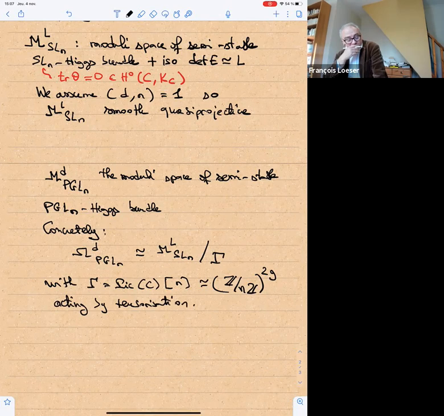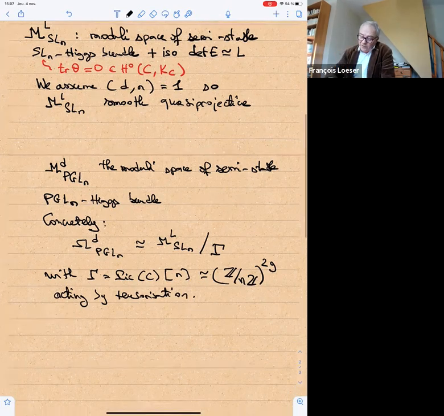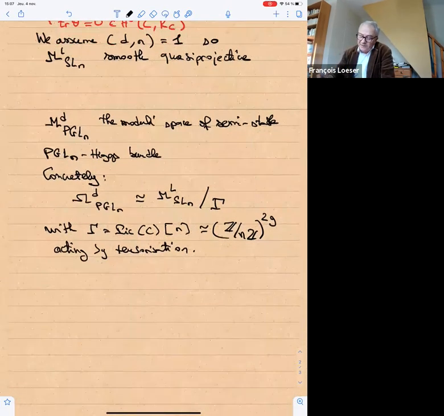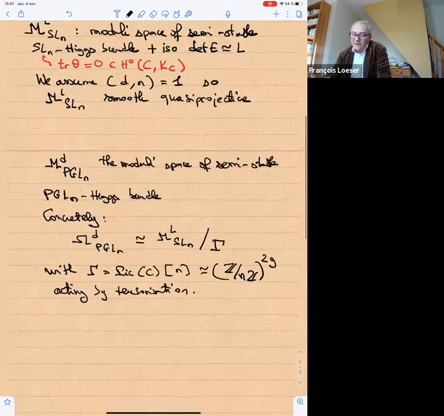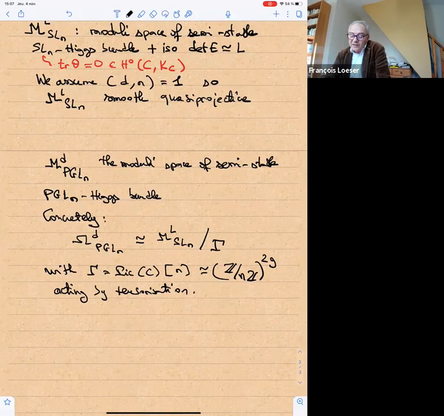The geometric picture is, in the title I talked about mirror symmetry, and here there is some duality between the two groups, SLN and PGLN. One is the Langlands dual of the other, and this is the key to what will follow.